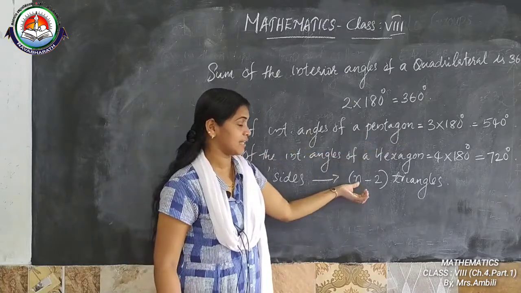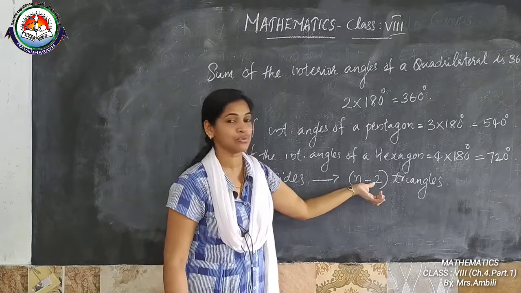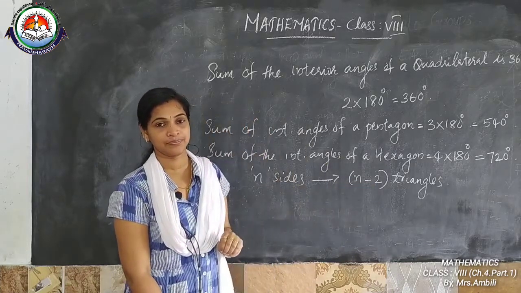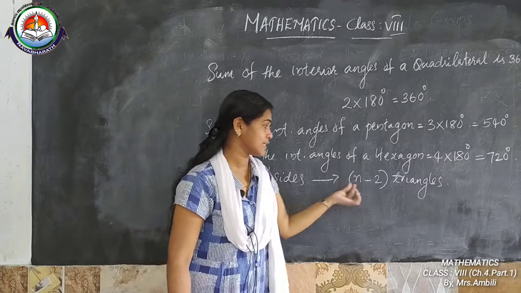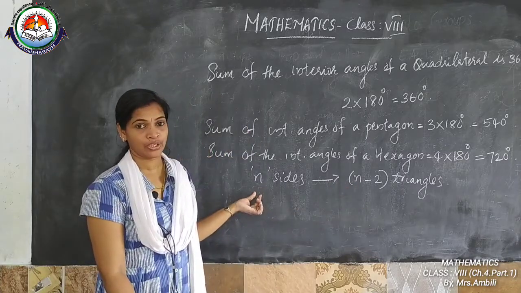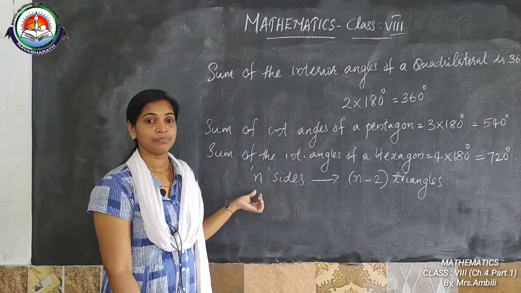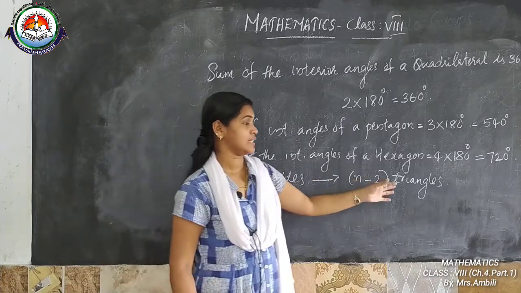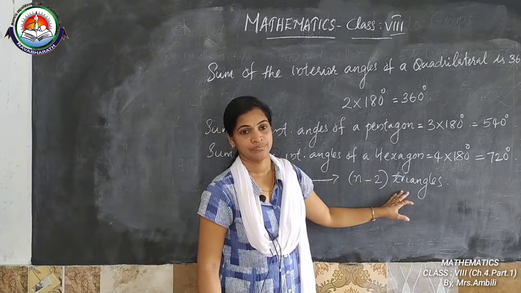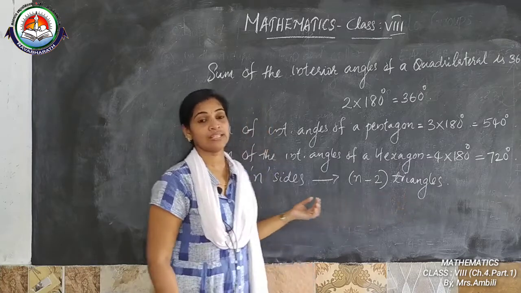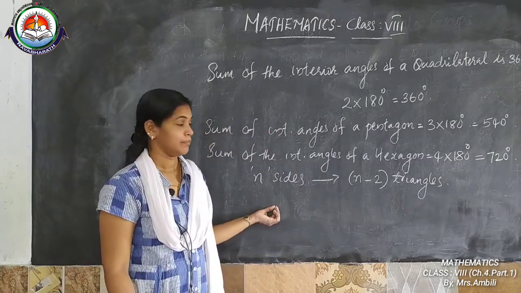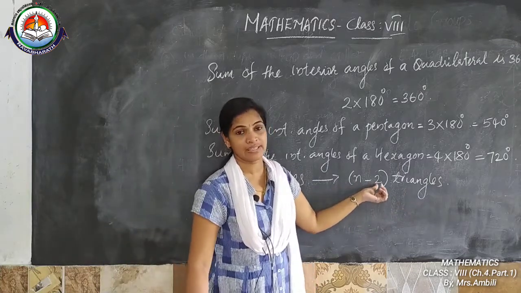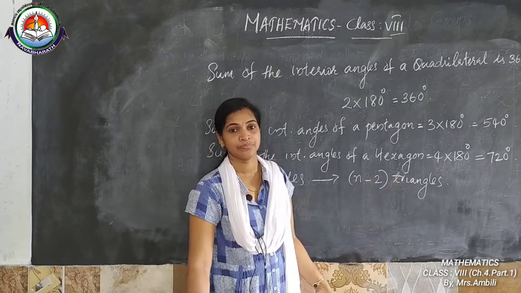If it is a hexagon, a 6-sided figure, 6 minus 2, 4 triangles. So by using this we can say how many triangles are needed for a polygon. Clear? So if it is a 10-sided polygon, 10 minus 2 triangles are needed, 8 triangles needed.